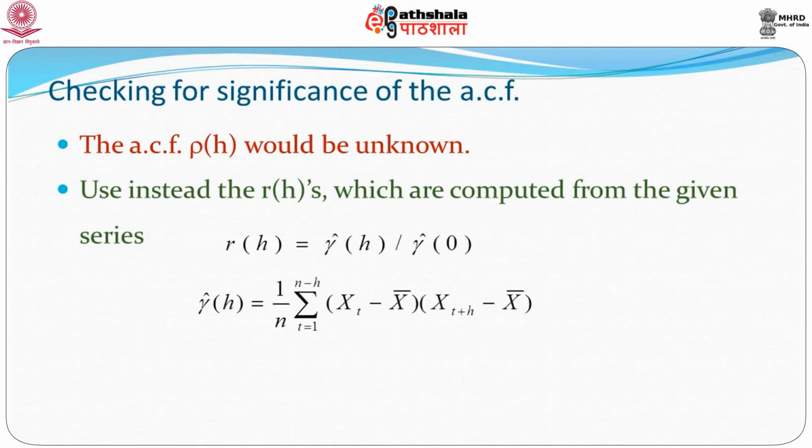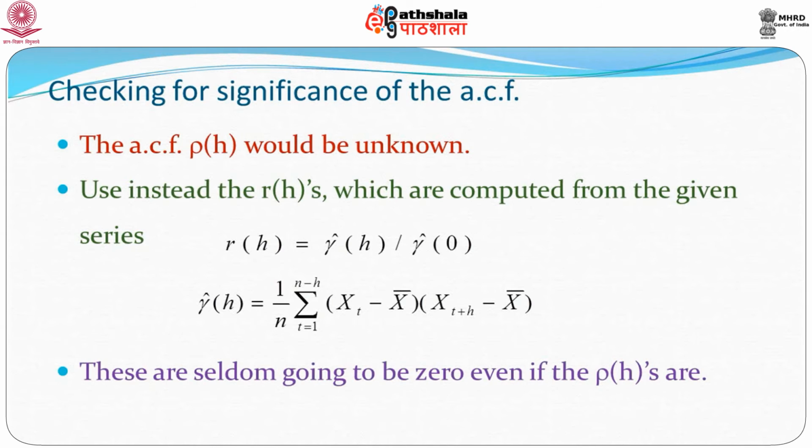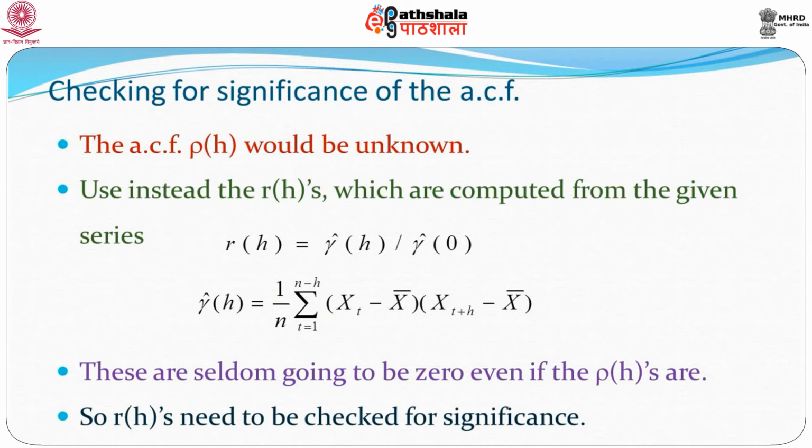Now, r_h is equal to gamma hat h by gamma hat naught, as you remember, and unfortunately, these are seldom going to be 0, even if the rho h's are. So, r_h's need to be checked for significance. So, if they are insignificant, you will say that the corresponding rho h can be taken to be 0.